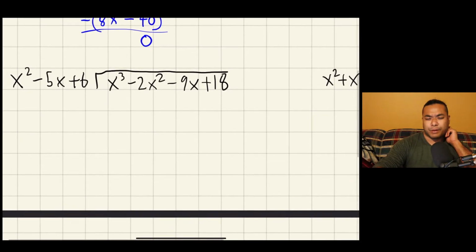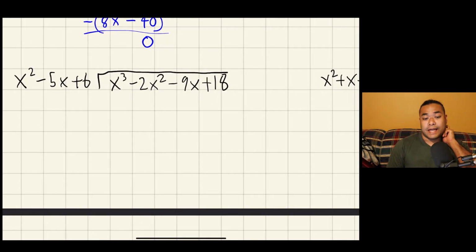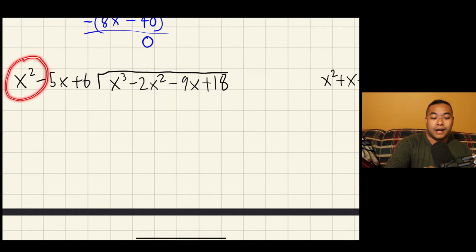Sometimes, and I think this might be one, if I divide by a trinomial, it's going to look a little different, but the process is still the same. I still ask myself, how many times does x squared, the first term, or the biggest index term, go into x cubed?